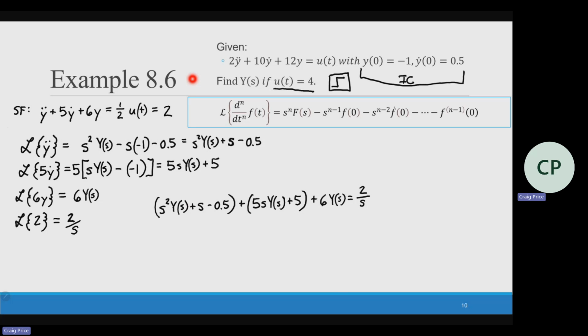How would you like to solve for y? It's just algebra. So we're going to bring everything else to the other side. So I can bring the 5 over, the 0.5, the s, and that's going to leave me with, I can put it in brackets, an s squared plus 5s plus 6 times y.